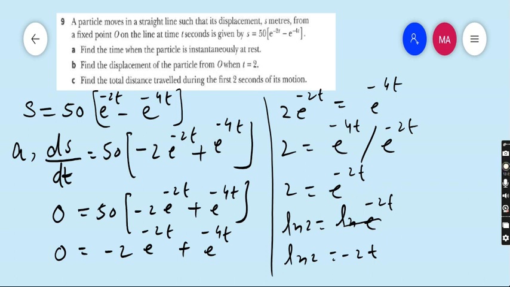Kindly wait. I am just checking. Is there any mistake or not?